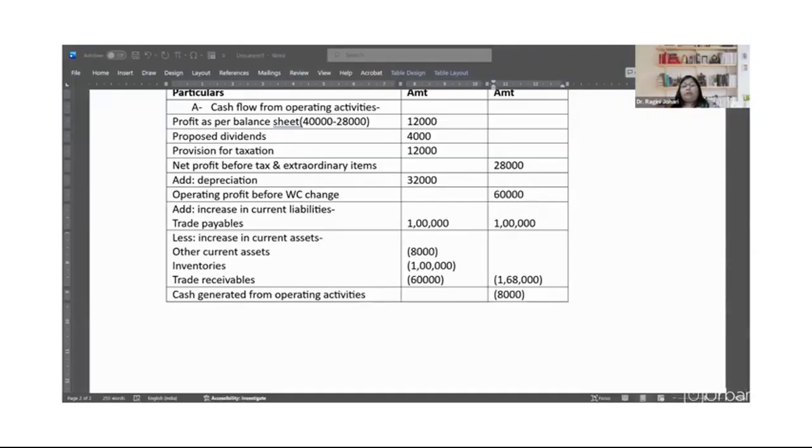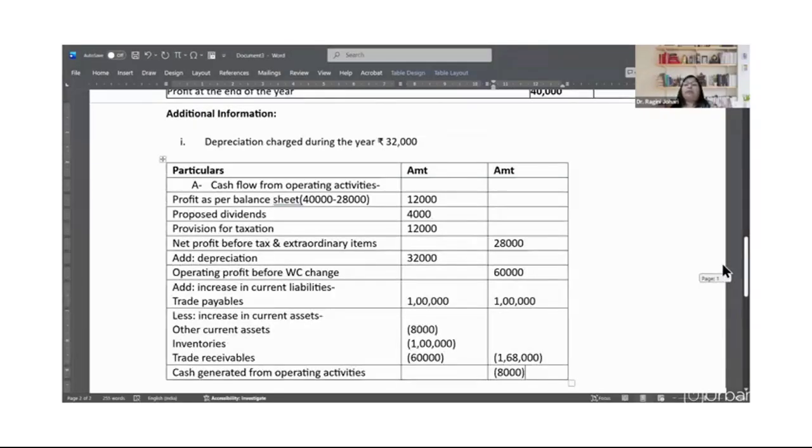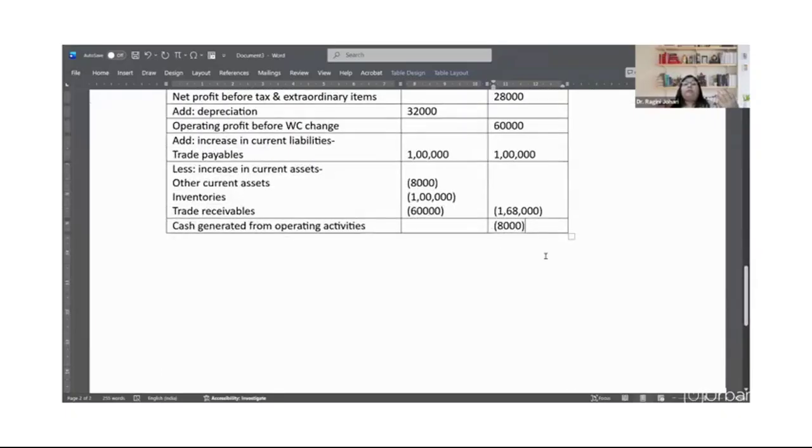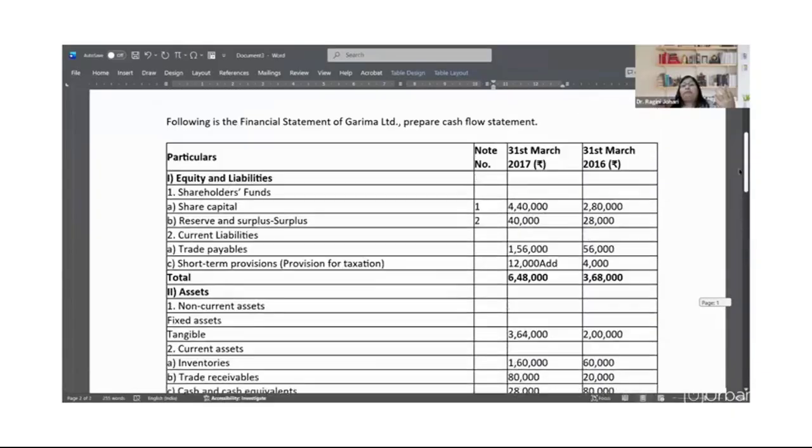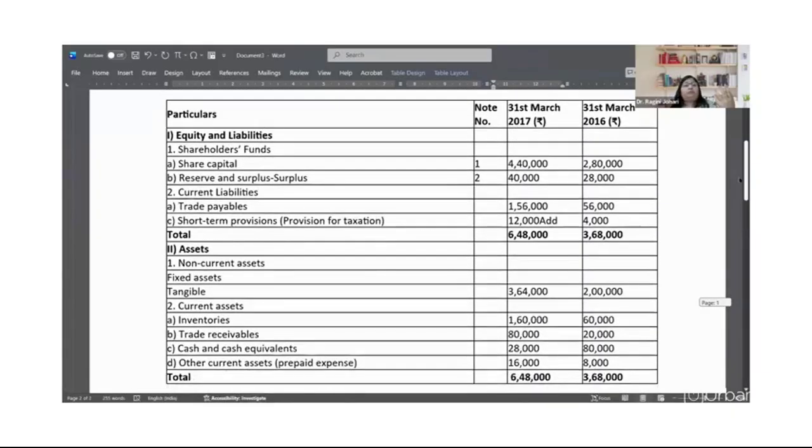Now, as I said, if income tax from business activity is there, then it has to be paid off here itself. So how much tax is there? See, short-term provision for taxes. Okay, provision for taxes, 12,000 has been made for this current year, which we have added, and then this was the provision for last year.